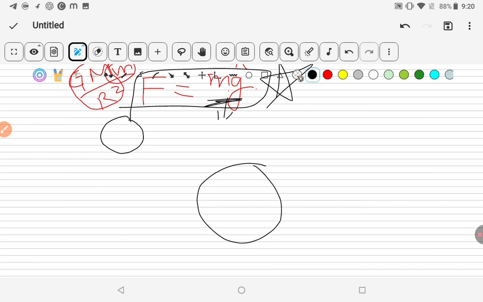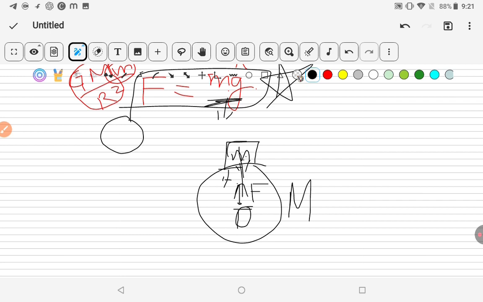If this is the Earth and there is some block kept on the Earth, this is the block of mass m, and this is the Earth of mass big M, and this is its center O. The Earth is applying some force on the block, and the block is also applying some force on the Earth, but it's negligible.